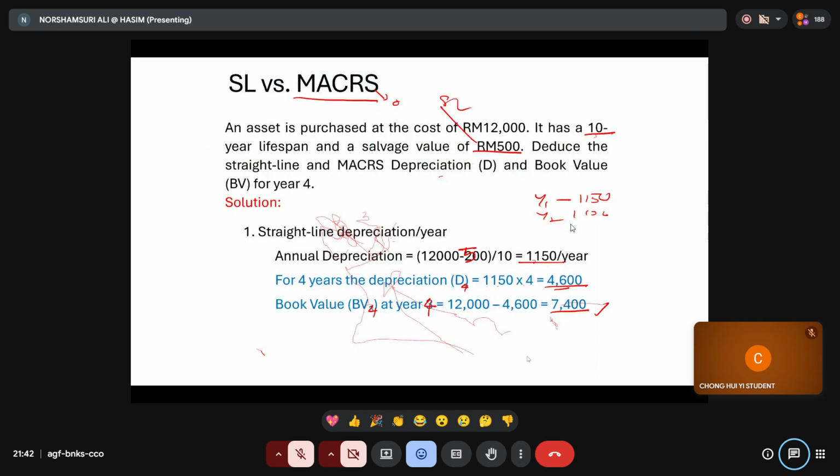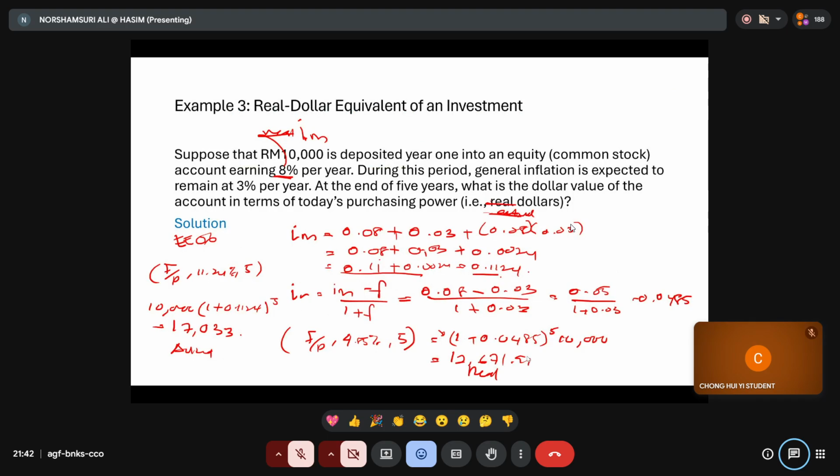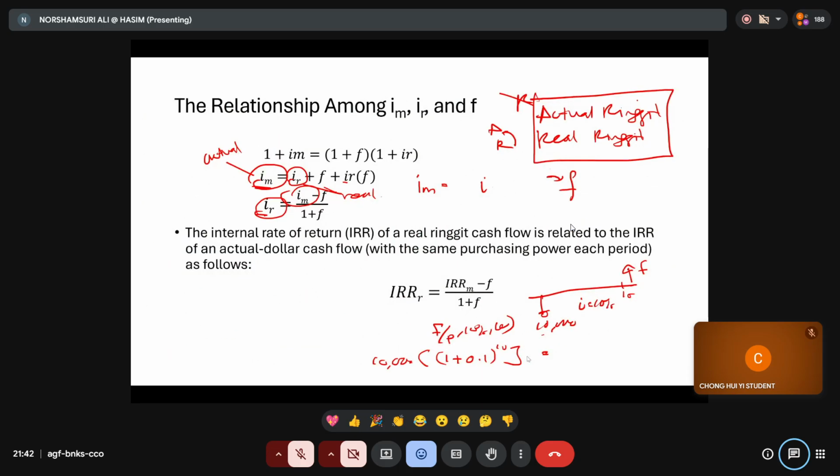Let me check the formula first. Yeah, this one is correct. So just now, 10,000 times that. Your money becomes 25,937. But then, if you want to calculate the inflation, you know that this is your future value.